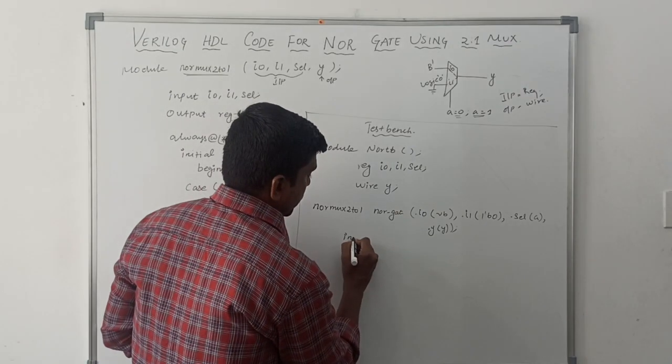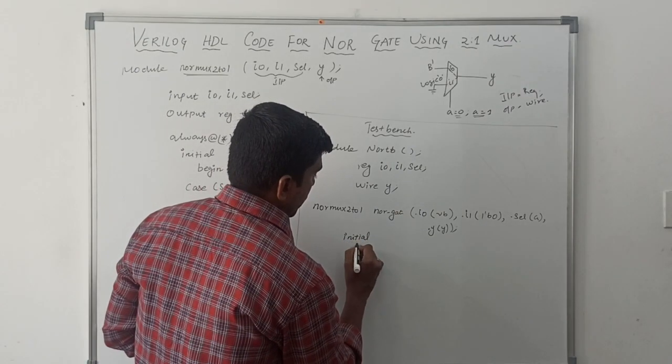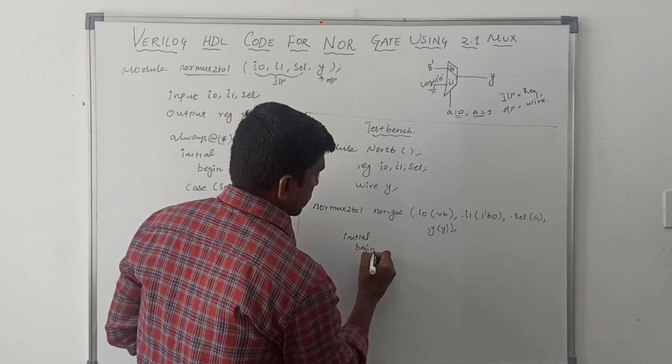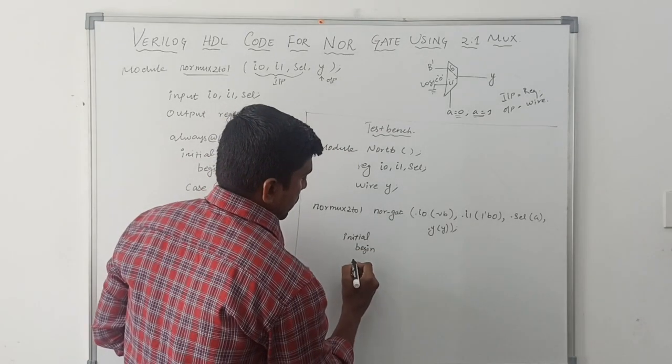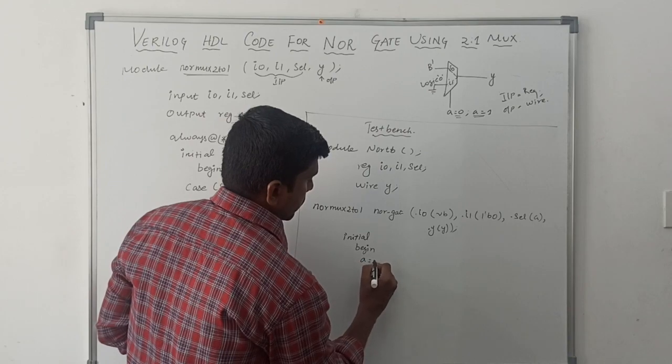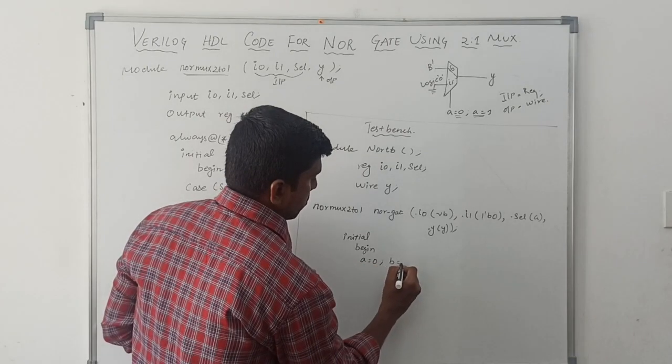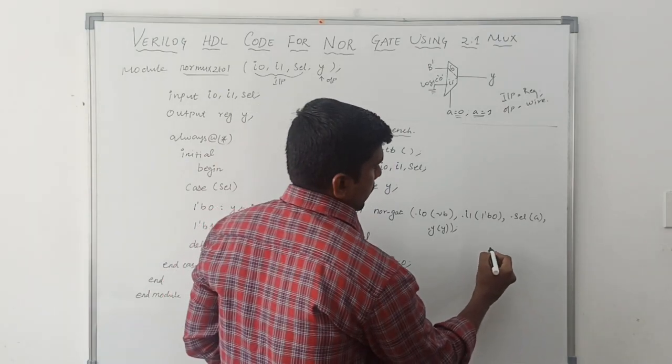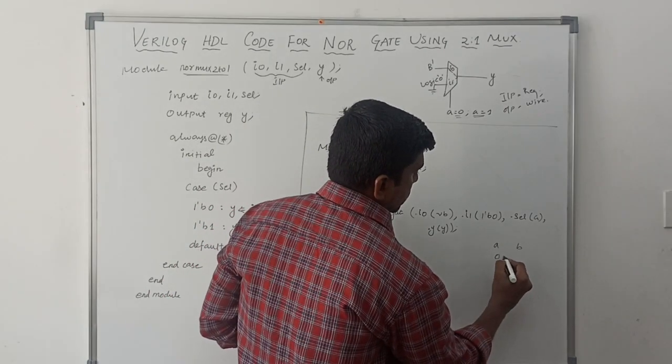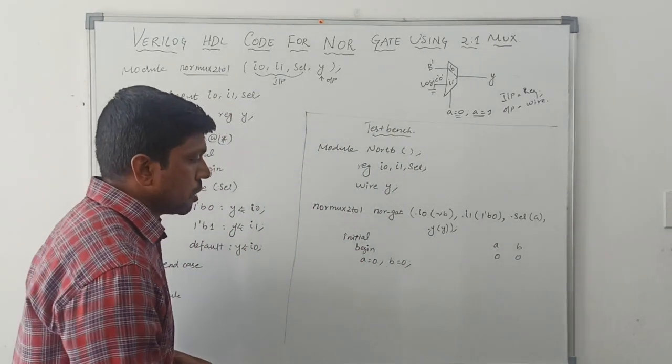Then initial begin. Initially A value 0, B value 0, so both values are 0, 0.